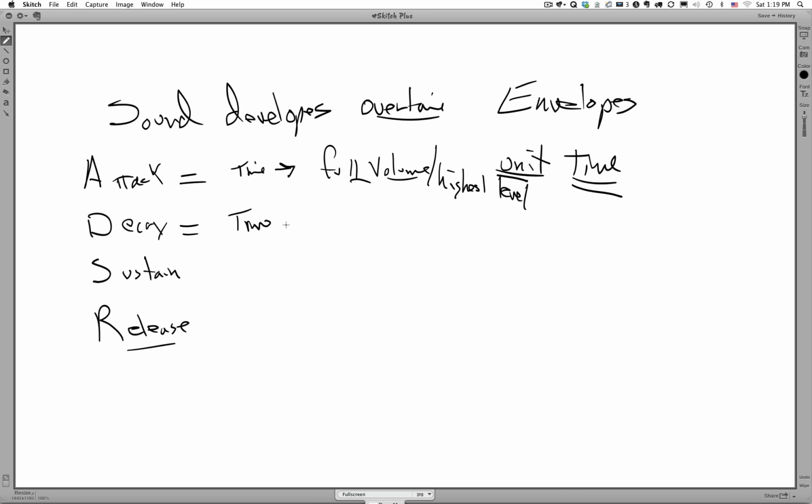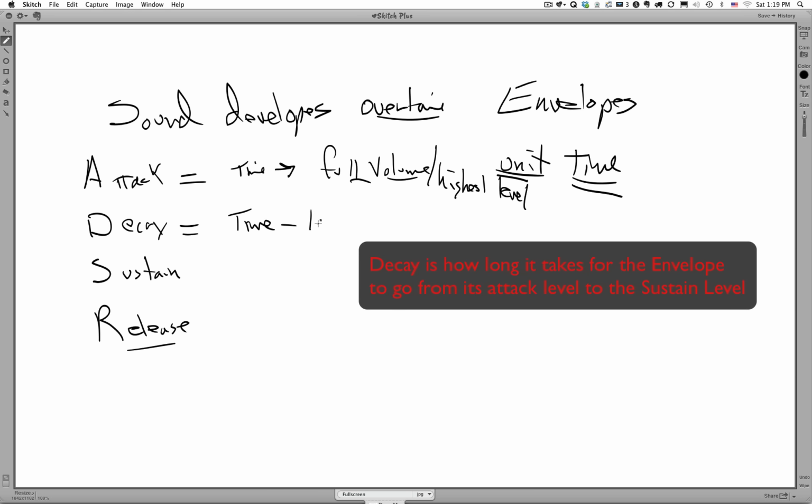Decay is how much time does it take to go from the fullest or the loudest part of the sound to the sustain level.